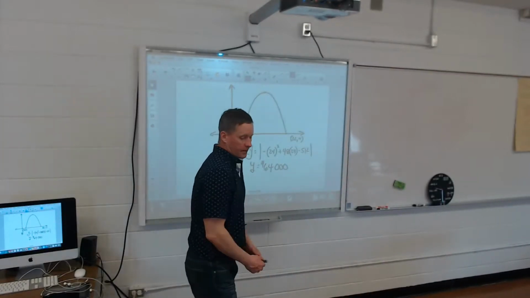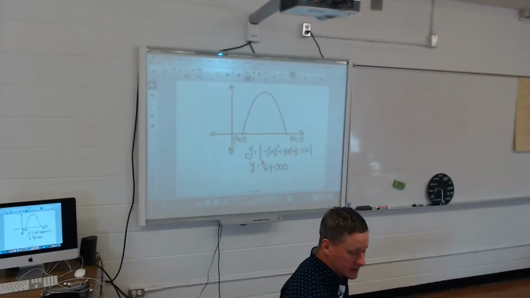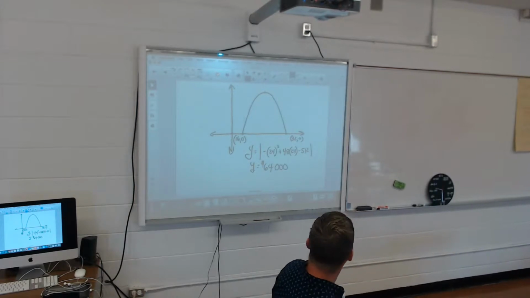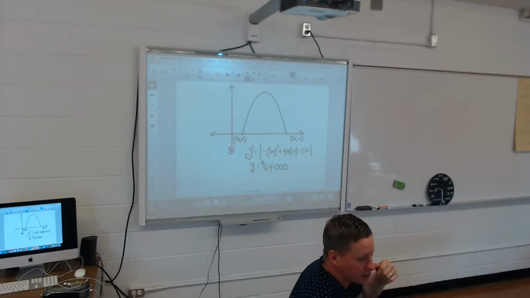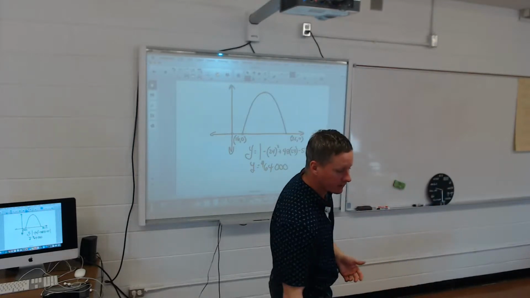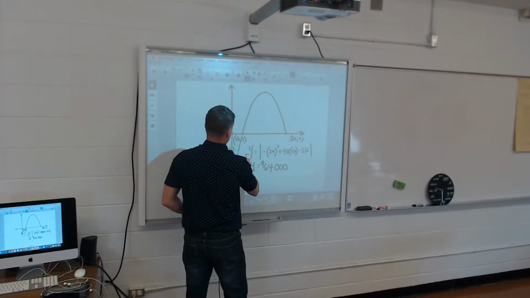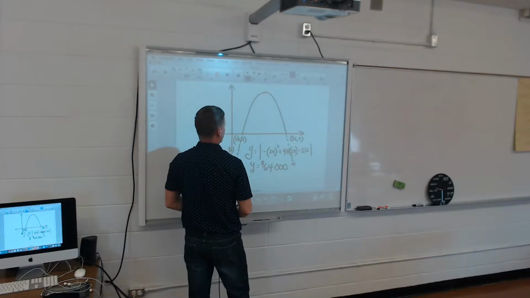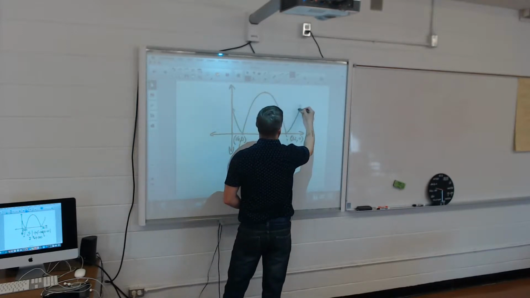Okay, now, what does the absolute value have to do with this? Next to nothing, because if I were to draw this graph out as it's written right now, this would come down here like this, right? And then because of the absolute value, it would go back up like that.